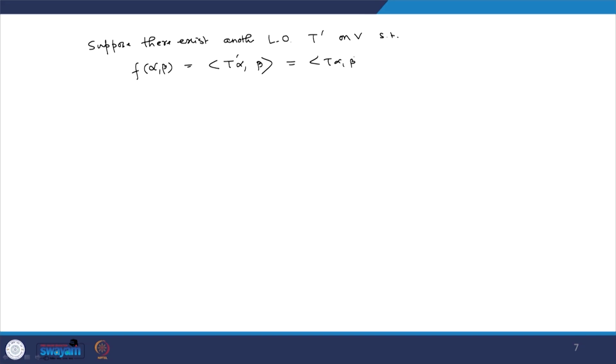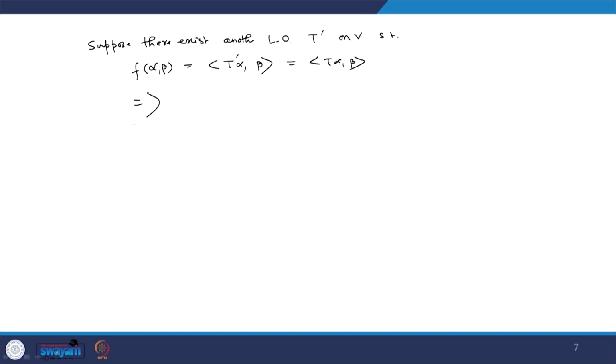Claim: T is unique. Suppose there exists another linear operator T prime on V such that f of alpha, beta equals also the inner product of T prime alpha, beta, which is equal to the inner product of T alpha, beta.